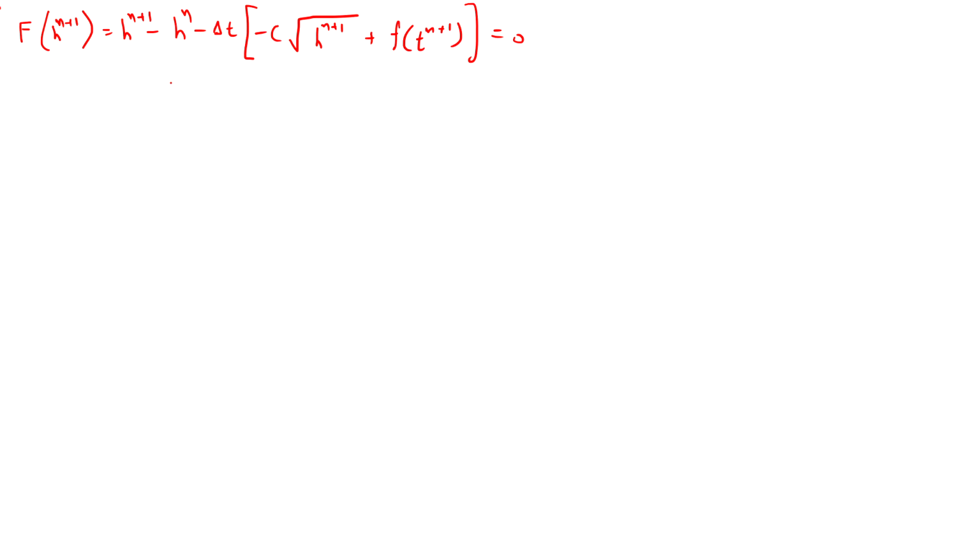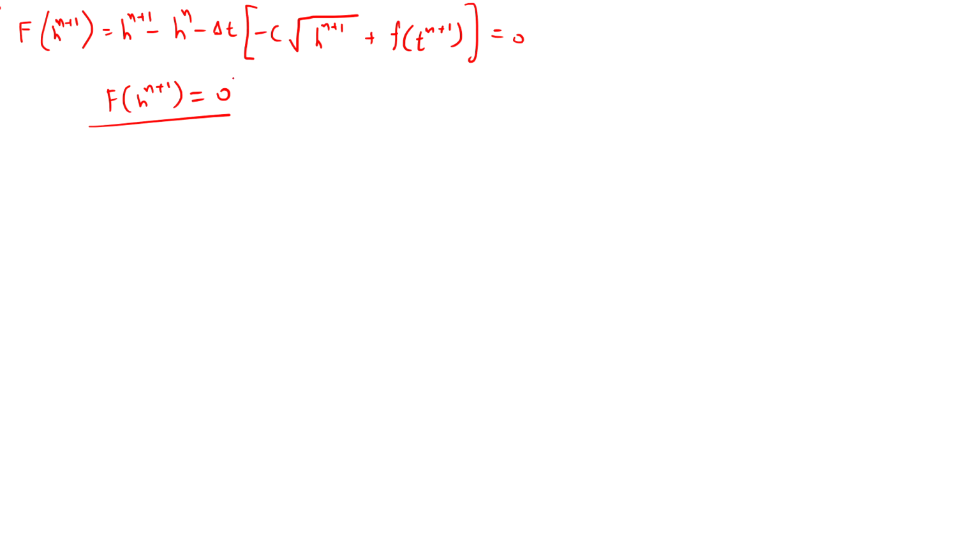We had f of h_{n+1} is equal to h_{n+1} minus h_n minus delta t times minus c root of h_{n+1} plus f of t_{n+1} is equal to 0, and we needed to find the solution of this function of h_{n+1} equal to 0 within each time step.